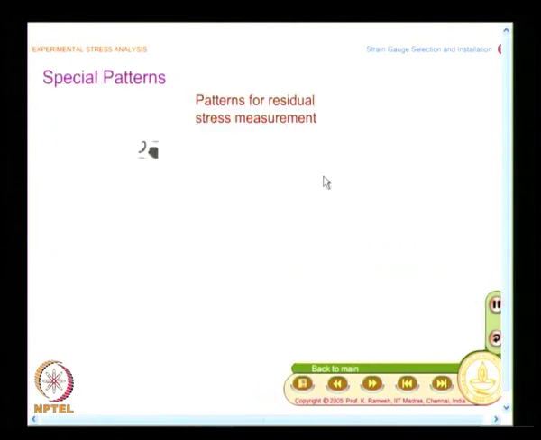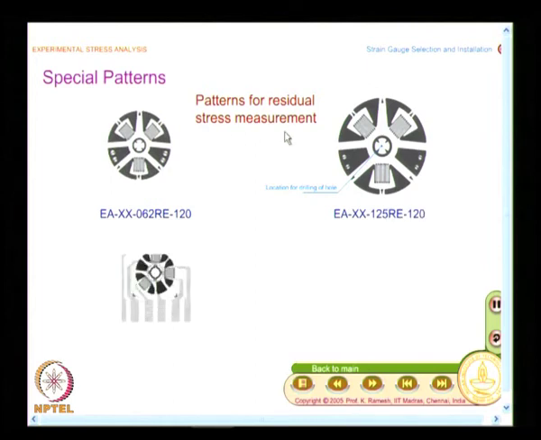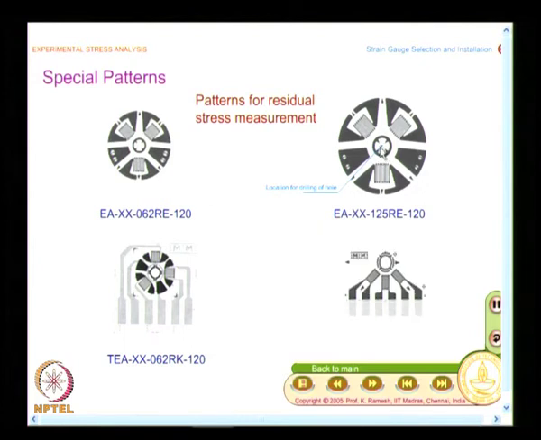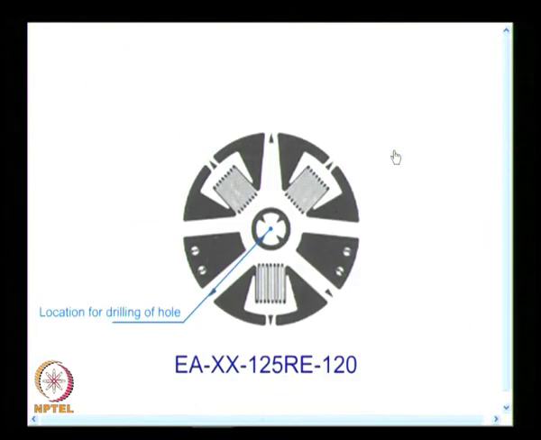Then you have very special patterns. You have special patterns for residual stress measurement. See, if you look at it casually, it will look like a delta rosette. I will magnify this, you make a sketch of one such strain gauge. It will look like a delta rosette, but it is not a delta rosette.